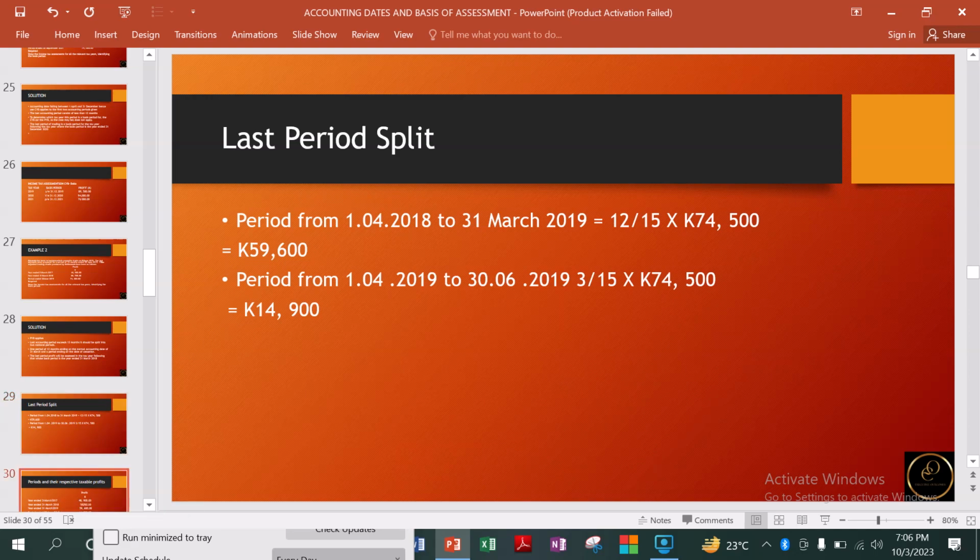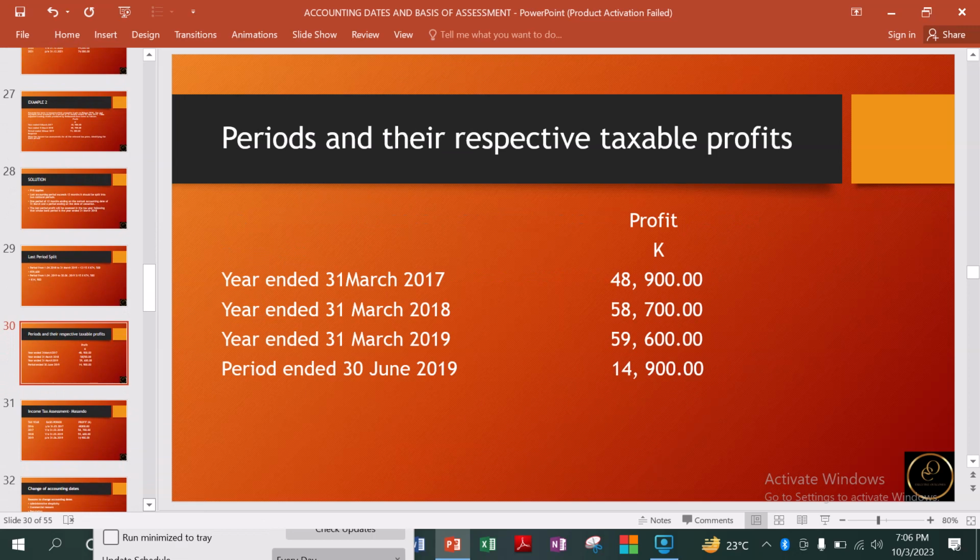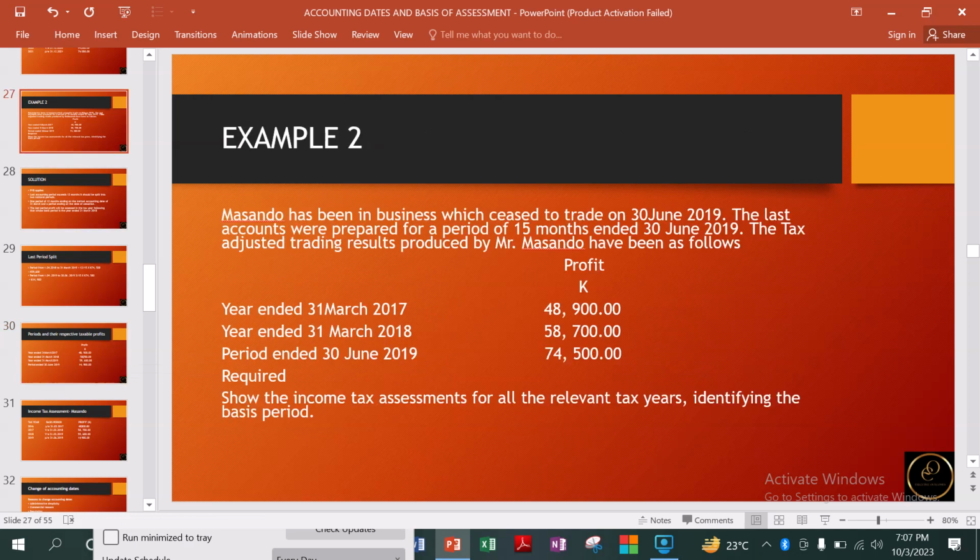Then we proceed in this particular case. What we see in this case is that we have the first one, 48,900, which will be assessed when? In 2016, since the preceding year basis.